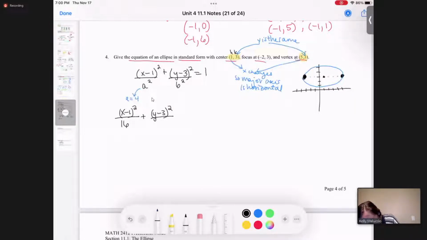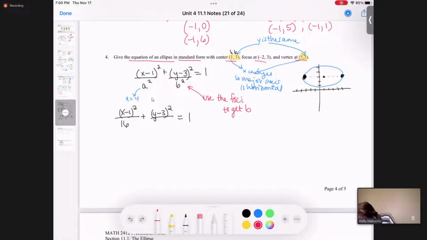Then I have to figure out what b squared is. To get b squared, I'm going to use the foci. I just drew this, but I don't know what b is here; they didn't really tell me anything. They said the foci is at (negative 2, 3).